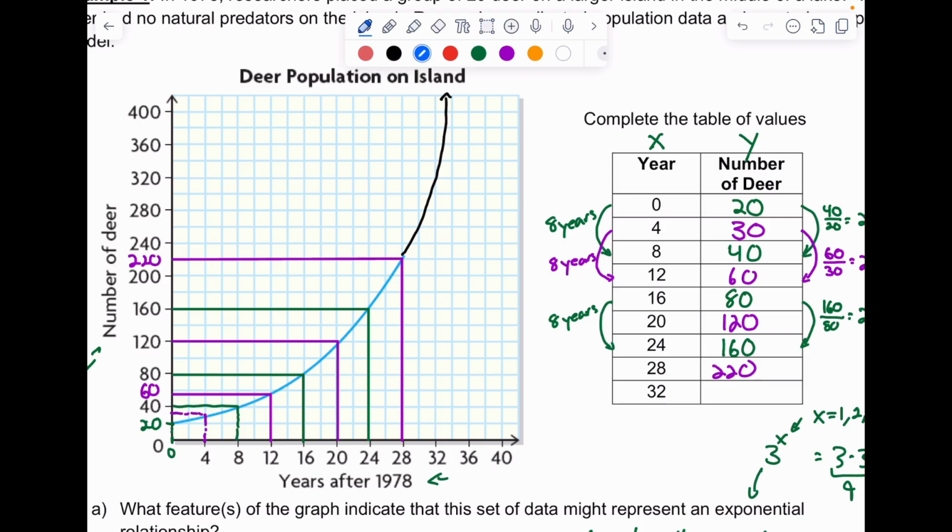Well, if I estimate the graph, if I go up here and I read across, it looks like, if I just kind of estimate here, at 32 years, the population equals 320. All right, just reading off the graph.